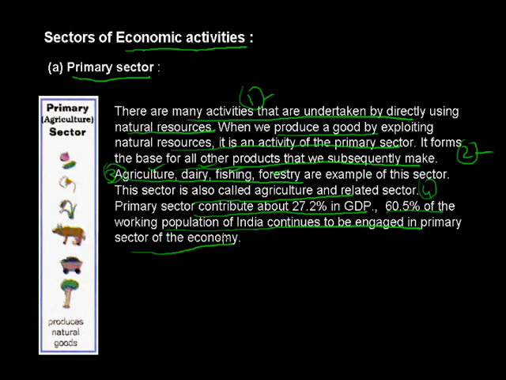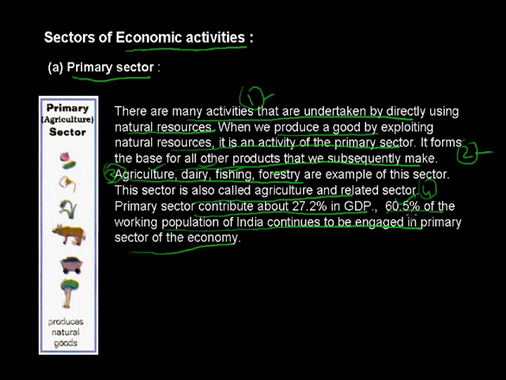And the conclusion over there was that a country in which the maximum number of population is based on primary sector is always an underdeveloped or developing economy, and a country in which most of the population is based on tertiary sector is a developed economy. Because in our country near about 60.5% of the working population of India is based on primary sector, that is a reason why our country is a developing economy.